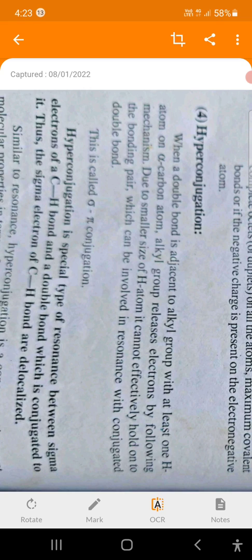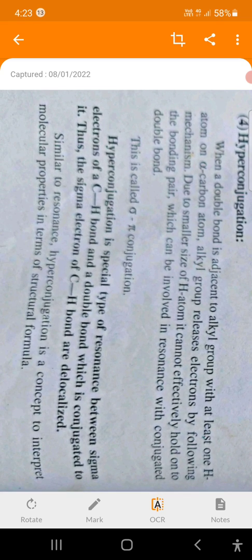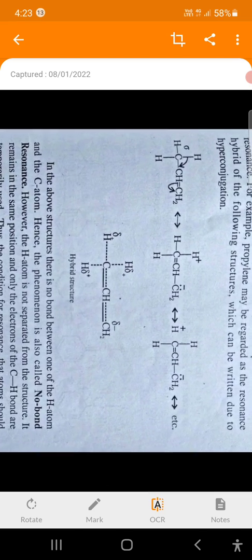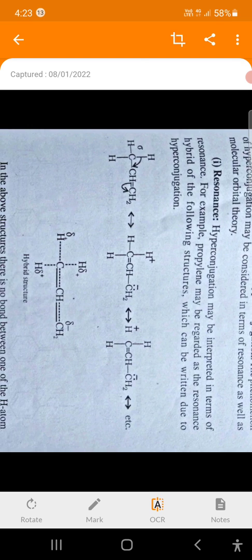Hyperconjugation is a special type of resonance in which C alpha H, that is the hydrogen which is located on the alpha carbon, the carbon hydrogen covalent bond, is involved.